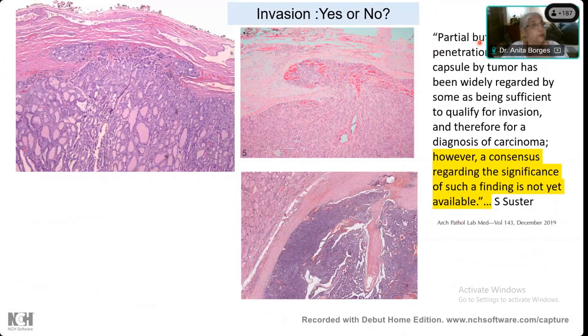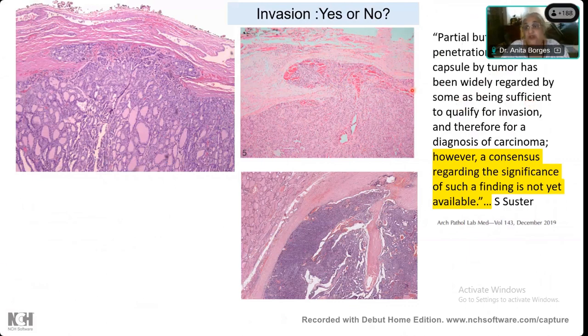Partial but incomplete penetration of the capsule by tumor has been widely regarded by some, and I count myself in that category, as being sufficient to qualify for invasion and therefore for a diagnosis of carcinoma. However, a consensus regarding the significance of such a finding is not yet available. Okay.